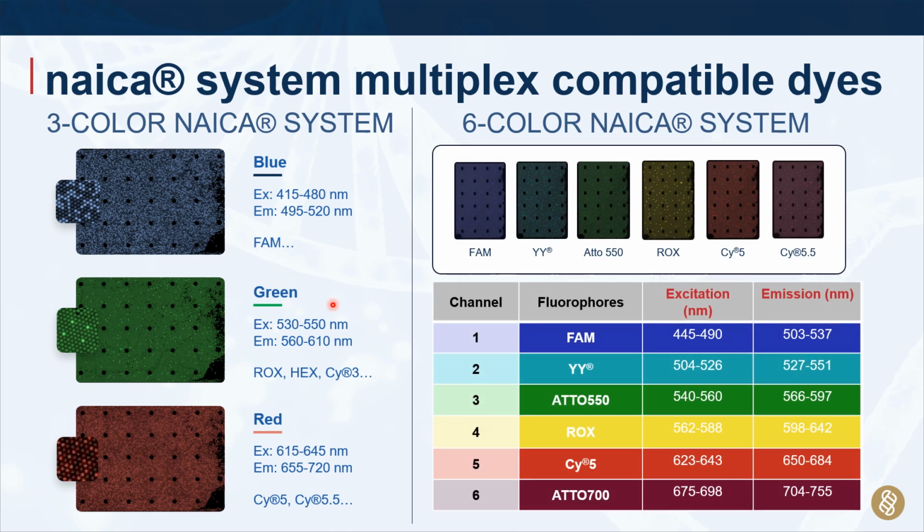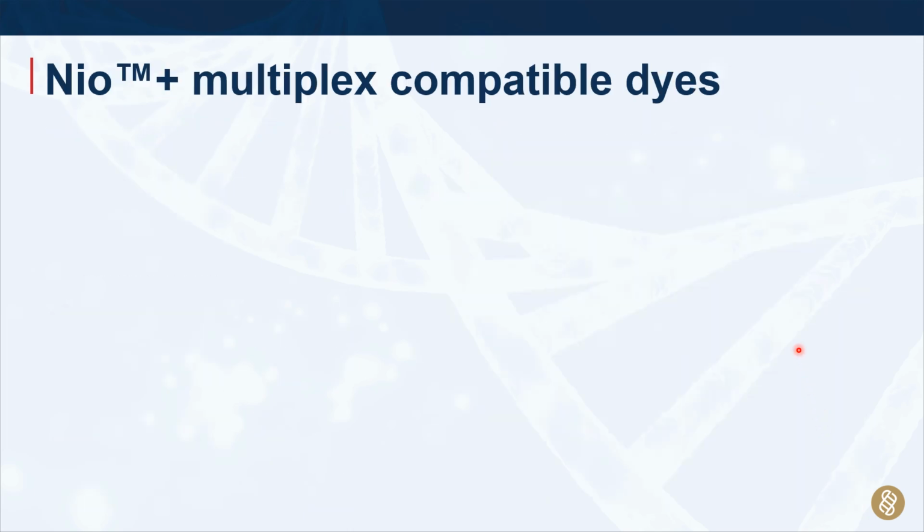When we look at the systems available from Stilla Technologies for amplifying DNA, we essentially have a 3-color system, which is able to detect the blue, green, and red range of fluorophores. And then the more advanced 6-color system, where we utilize these specific fluorophores: FAM, YY, Atto 550, ROX, Cy5, and Atto 700, with the specific excitation and emission wavelengths given below.